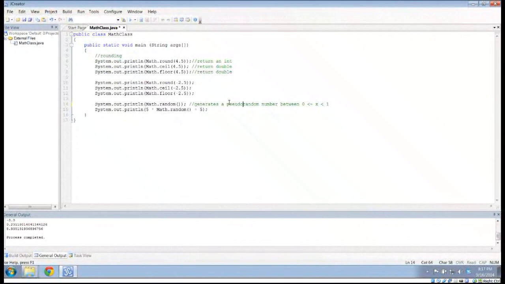And later on in the course, we'll actually talk about how to make reproducible random numbers. In other words, numbers that are random-ish, but we can actually reproduce them over and over. Because the computer uses a process to get these random numbers.